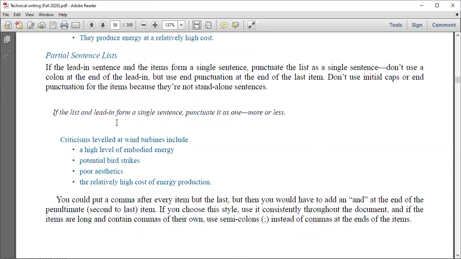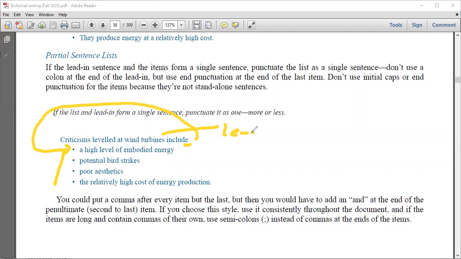So if the list and lead-in form a single sentence, punctuate it as one. Criticism leveled at wind turbines include. Now, this include shows that this sentence continues. A high level of embodied energy, no full stop required, because this is the continuation of this lead sentence.